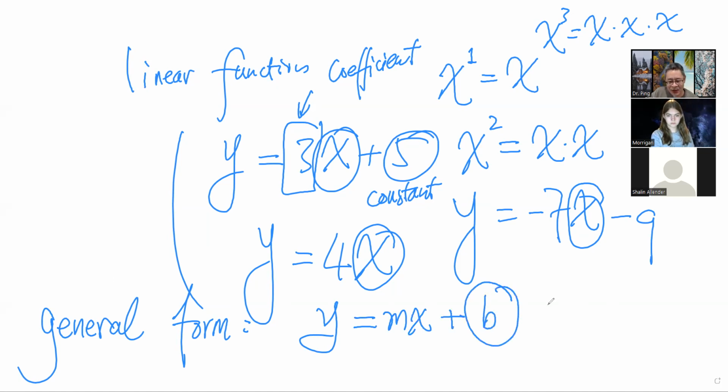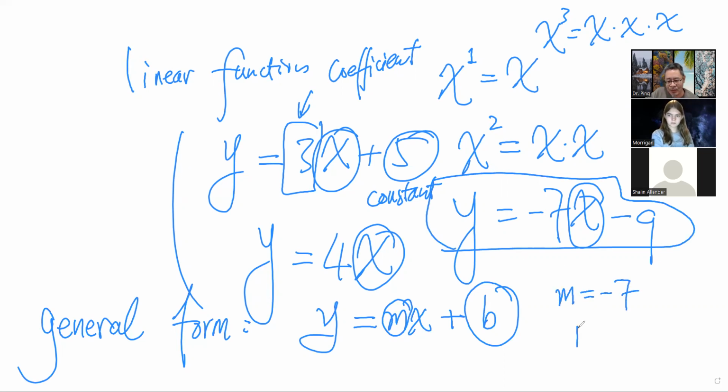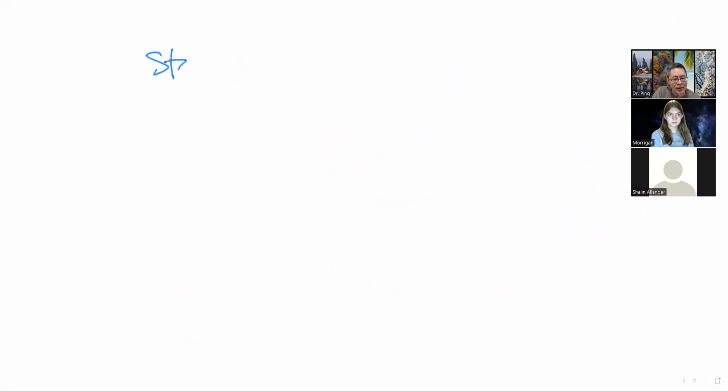So this is the constant, and this is the coefficient. Now for this function, we know that our m is -7, our b is -9. Good? Okay, so we have this general form now, which is also called standard form, y equals mx plus b.